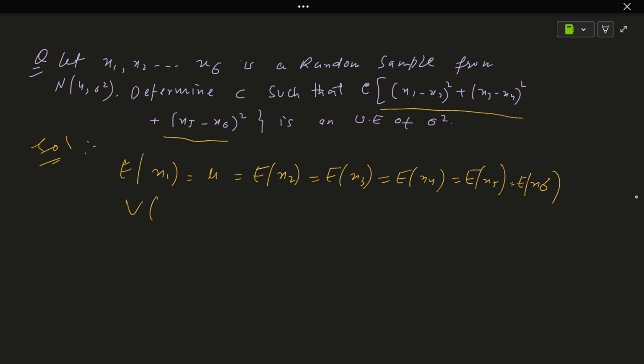Now what's variance of x1, which is sigma square, which is equal to variance of x2, x3, x4, x5, x6.